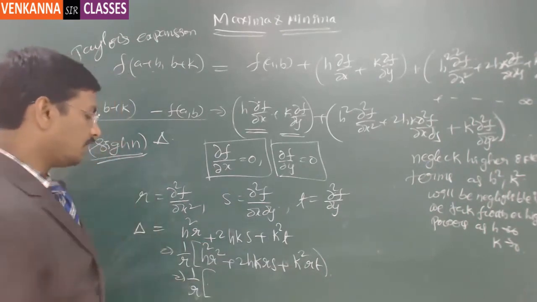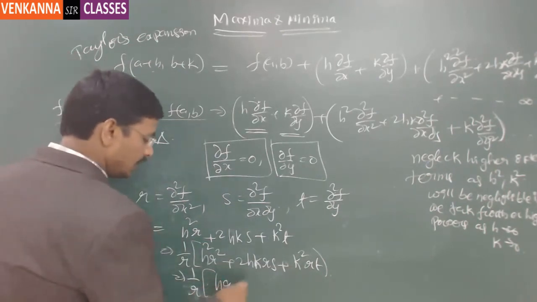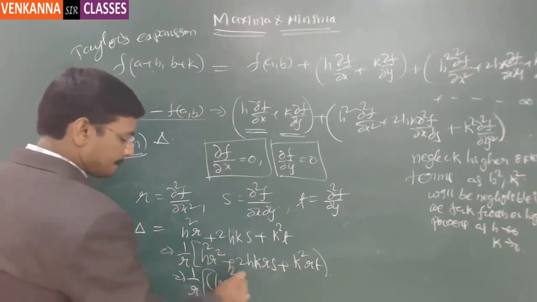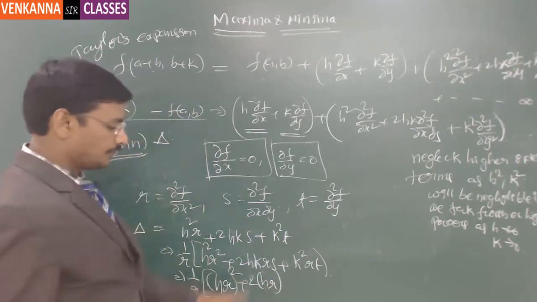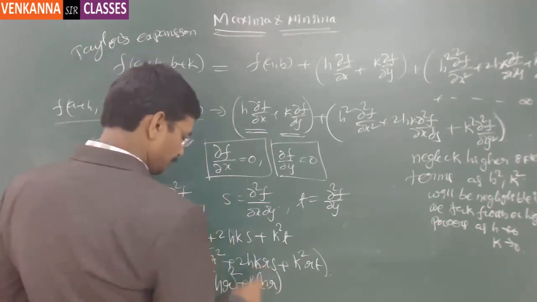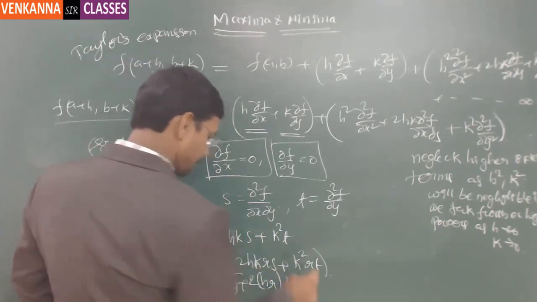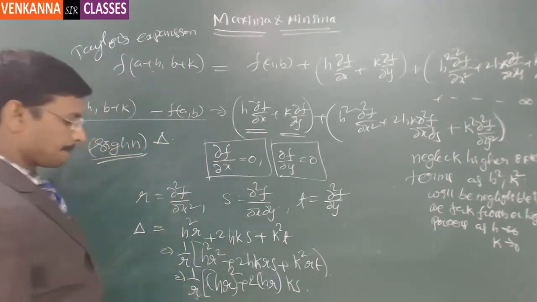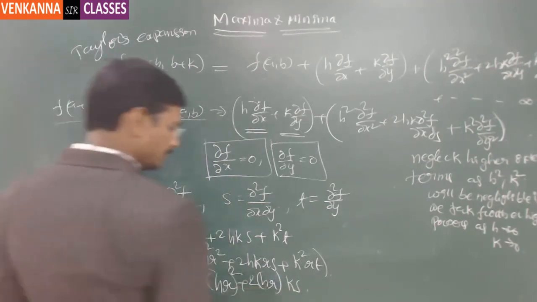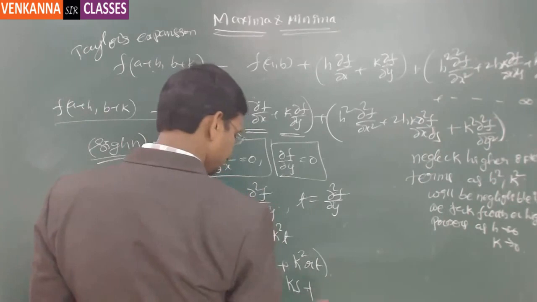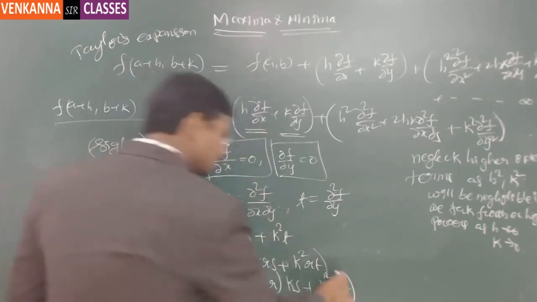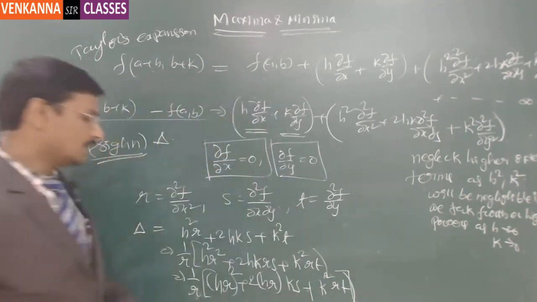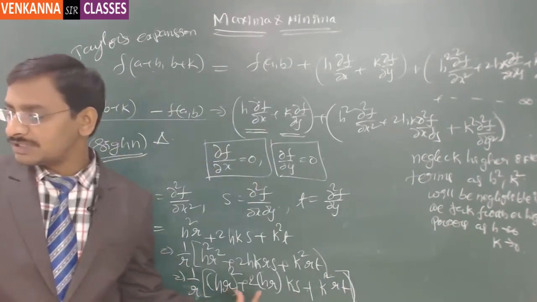Now here, (hr) whole square plus 2 times hr into k into s plus k square rt. Now actually this we will further divide, so that I can make it independent of h and k.